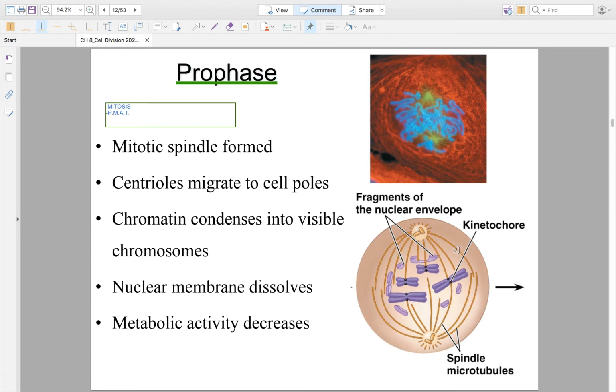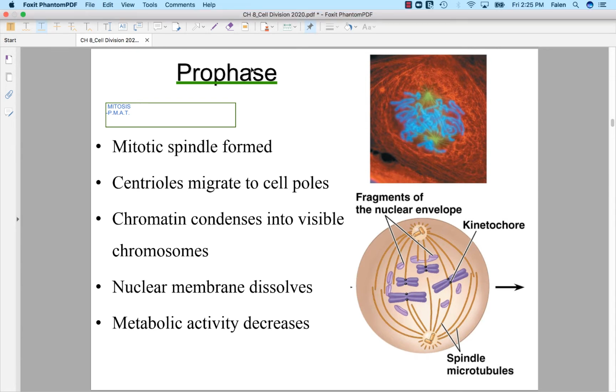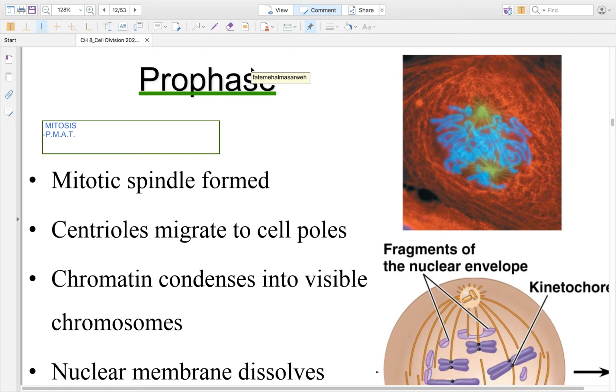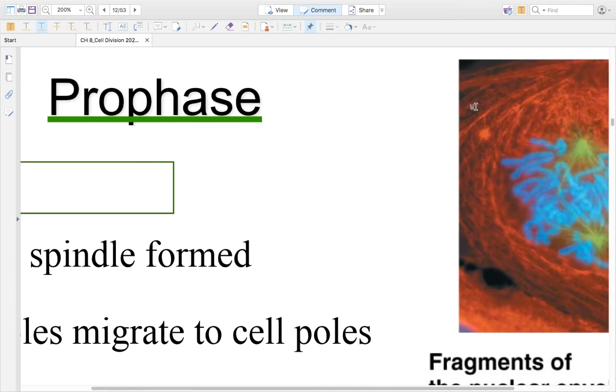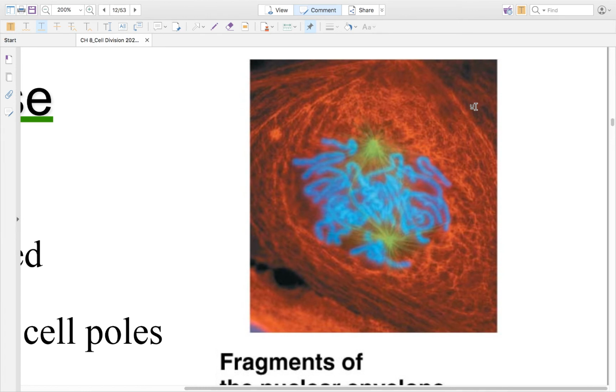All right, so what we're looking at here is clearly a diagram of a cell. And then this is a real cell, and it's been fluorescently stained so that we could see everything. So this is the cell, and all of this blue stuff right here, these are the chromosomes.